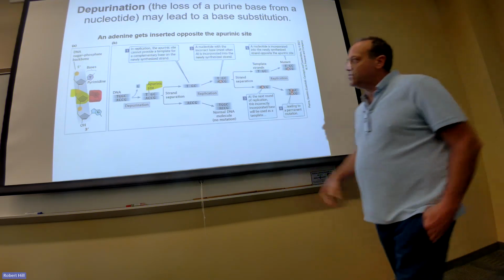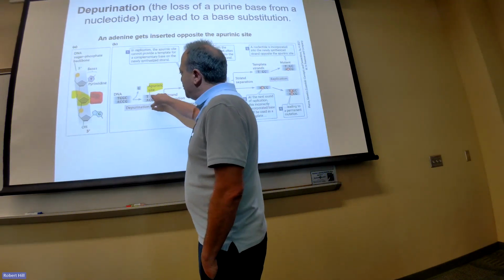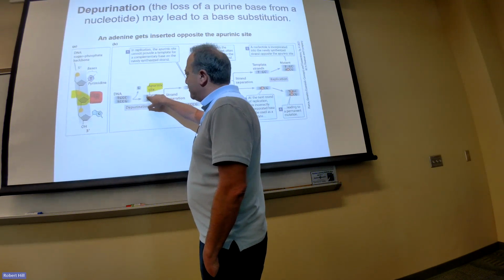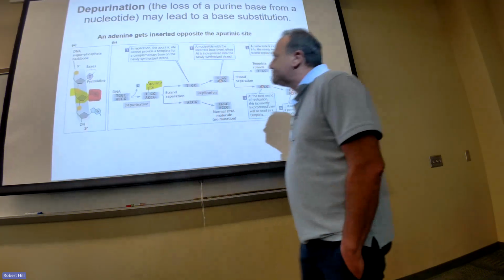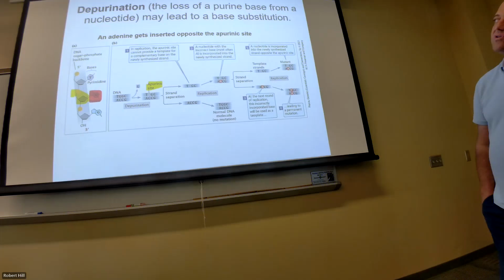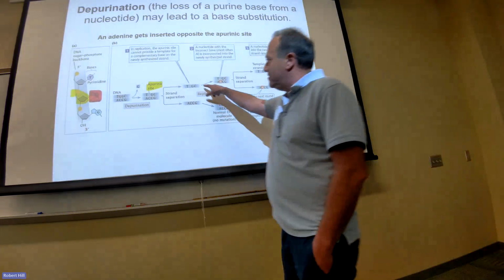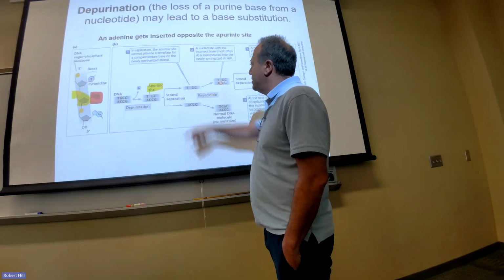So now we have what's called an apurinic site. You still have that sugar-phosphate backbone here, but you're lacking the ring structure. Those strands will separate during DNA replication, while this one is still together because of the phosphodiester bond.